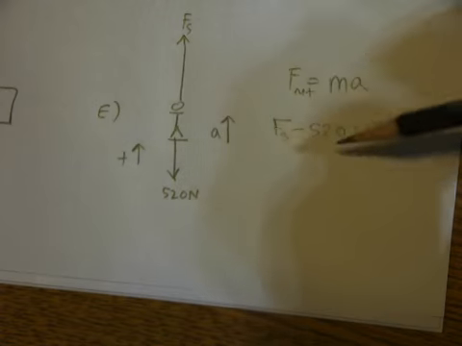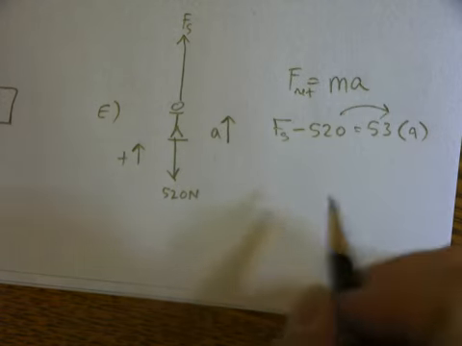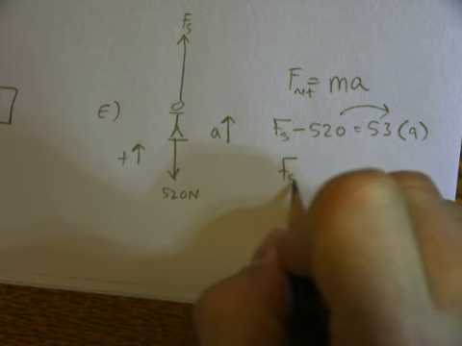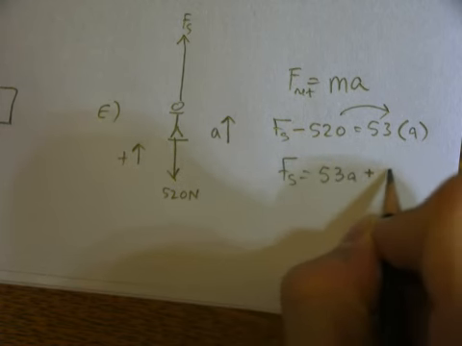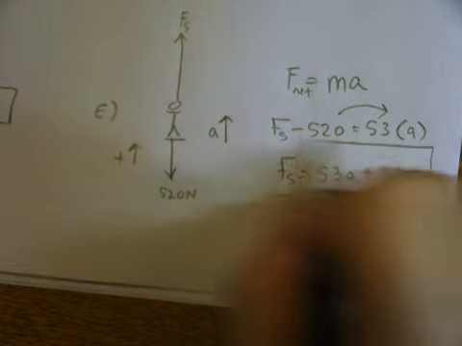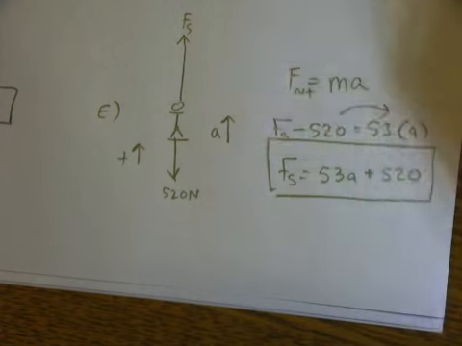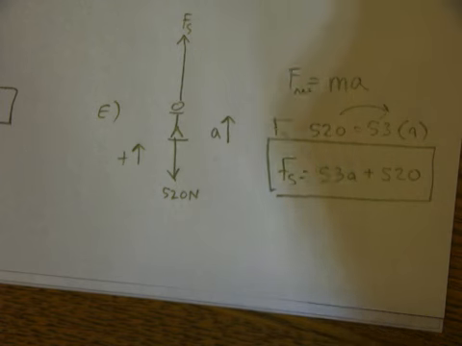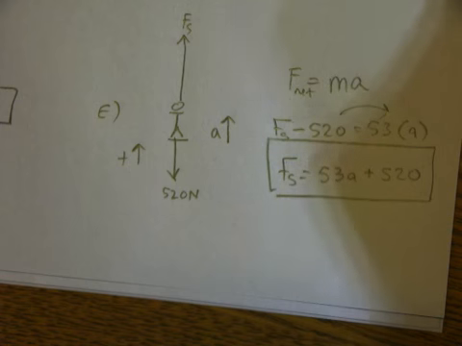If you want to know the force on the scale, you just move the 520 over, so you get F of S equals 53a plus 520. It's the same as parts B and C, except in B and C they give you a number. Here they don't give us a number, so who cares? You just put it in as that, and life is good.